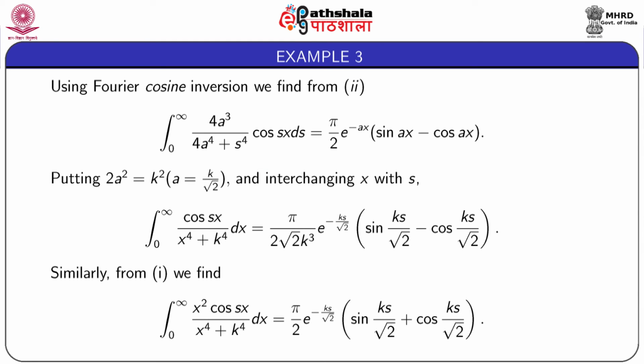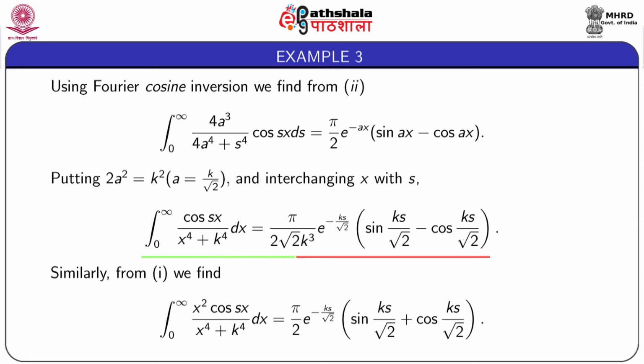Now, we substitute 2a square equal to k square, where a is equal to k by root 2, k is another constant, and interchange x with s. So, we get the left hand side as integral from 0 to infinity cos sx dx divided by x^4 plus k^4.